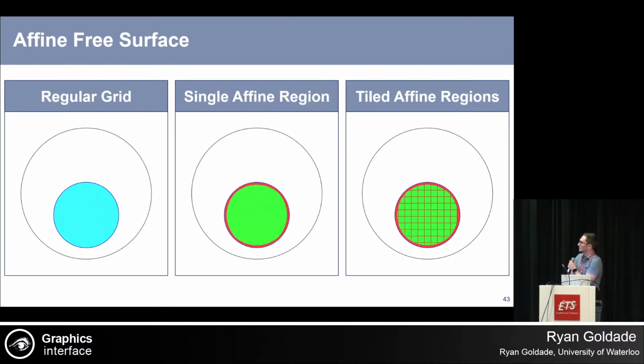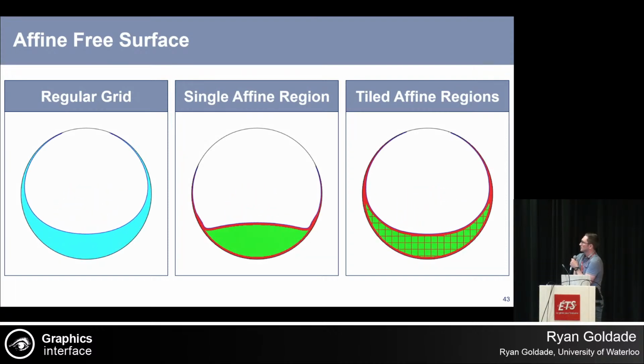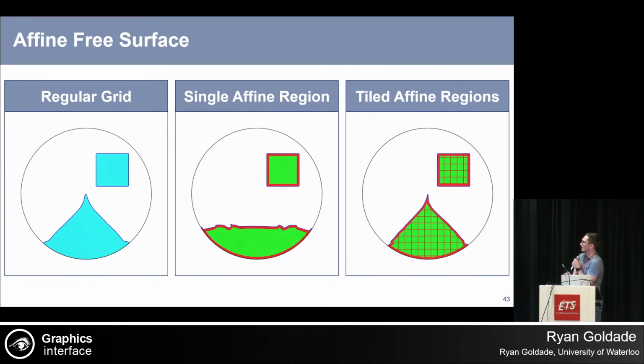Right, so if we take a look at this tiled structure, on the left is a regular grid, which basically means every single cell is being used. For the physics, the single affine region, again, means the green part is one single region. And then the tiled is simulated cells between affine regions.